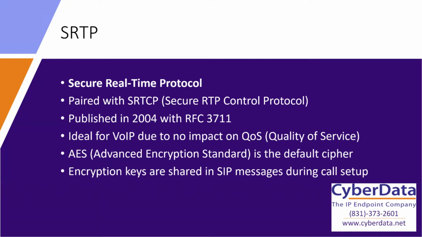AES is very, very common. And they'll use these encryption keys, and they set it up during the initial call setup. So when they're actually passing the media parameters, what different codecs the devices support, will actually be passed during those initial SIP messages. So they don't have to do another TLS negotiation for the SRTP. It's all basically taken care of in the regular call setup process.